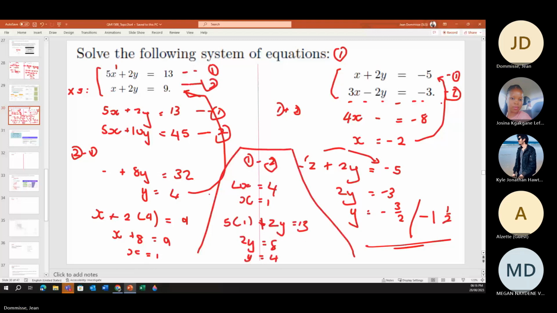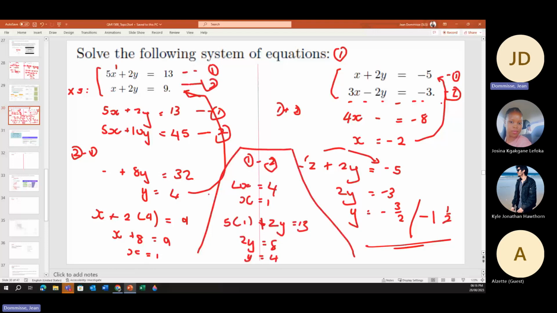So in the end, you only need to give the answer. It doesn't matter which option you use as long as you get to the correct answer. So please, when you need to solve a system of equations, look at what is the easiest way to solve it.